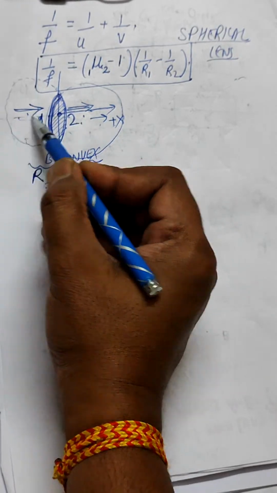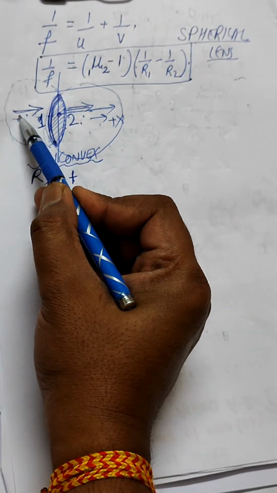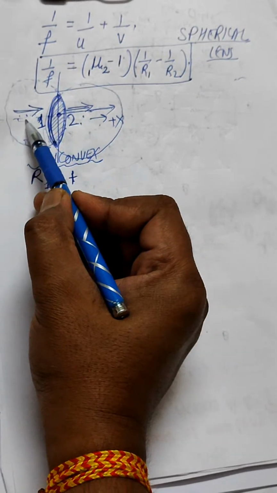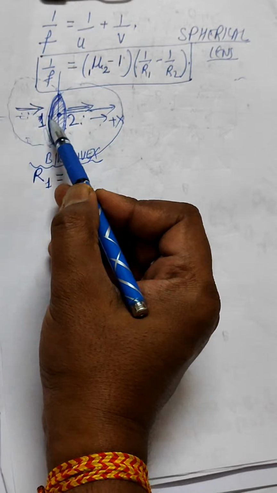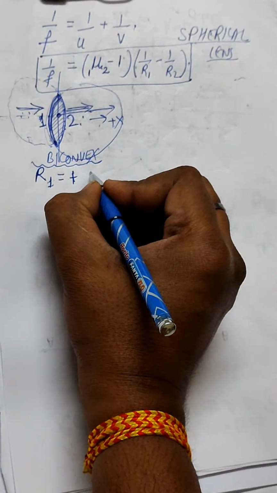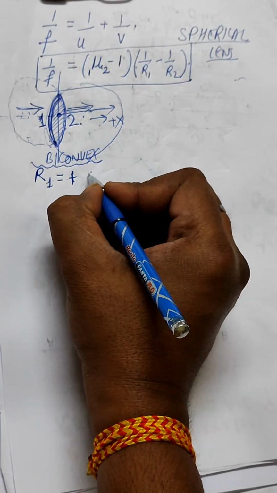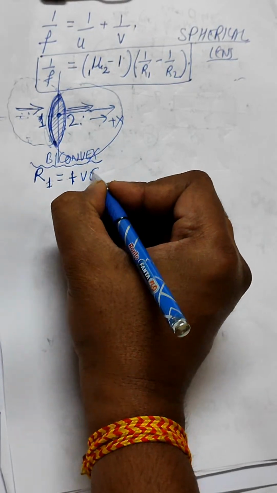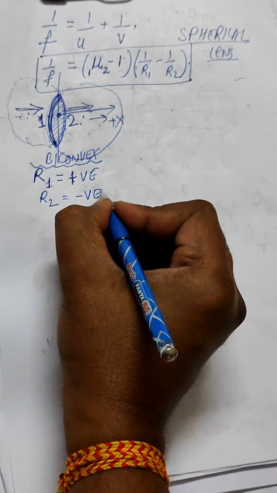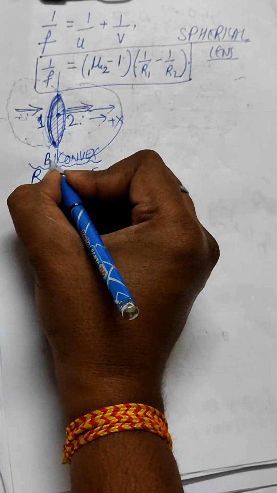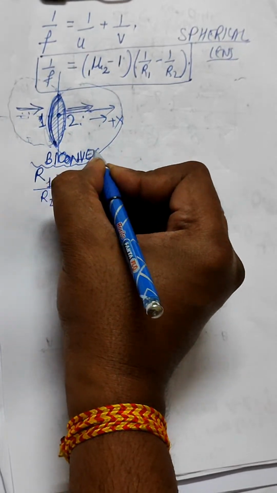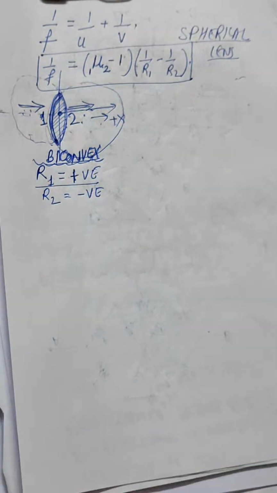In the number line, whatever goes into the left-hand side is negative, going towards negative x. So R2 is considered negative. R1 is positive and R2 is negative, right? It's happening for any biconvex lens.